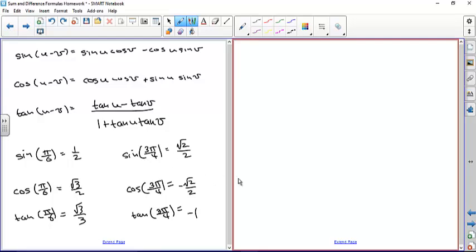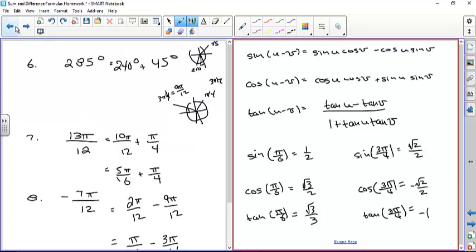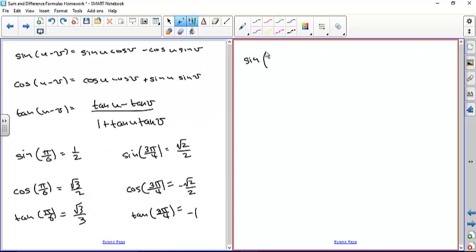So then you can just plug them into the formula. So the sine of whatever this difference is, negative 7 pi over 12, is going to be equal to the sine of pi over 6 cosine of 3 pi over 4 minus cosine of pi over 6 sine of 3 pi over 4.